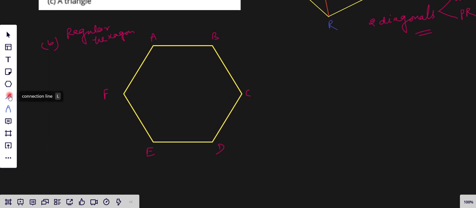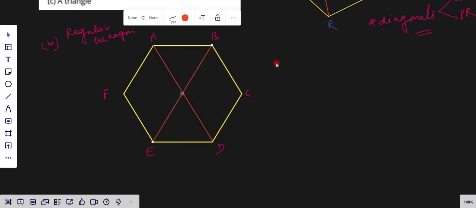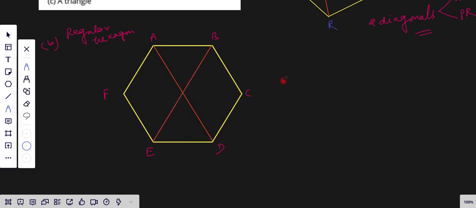So the first one is AD, the first diagonal. The next one is EB, the second diagonal. I'm writing here number of diagonals.